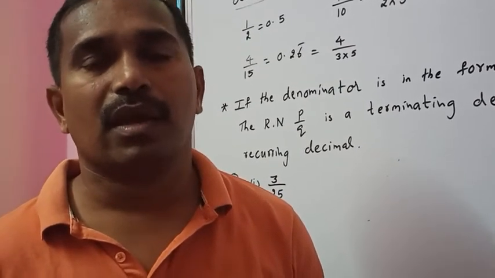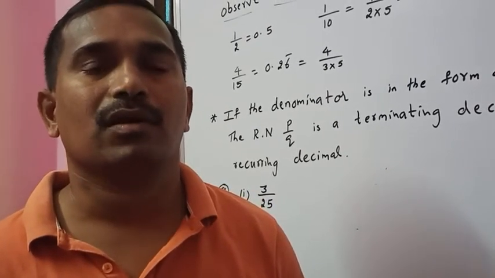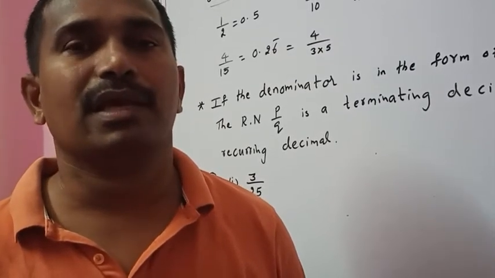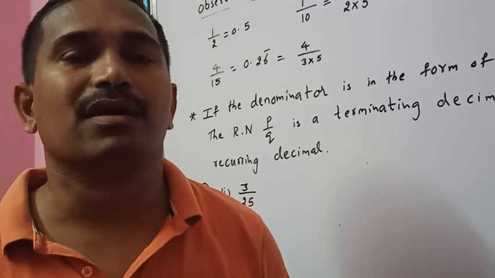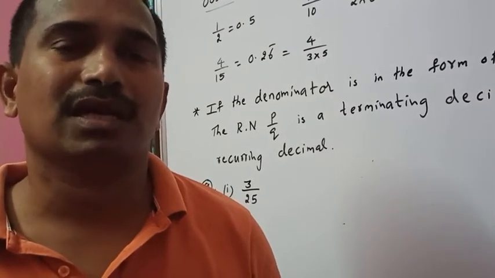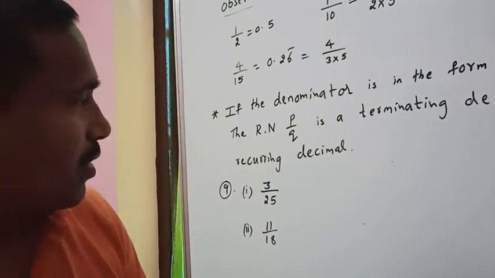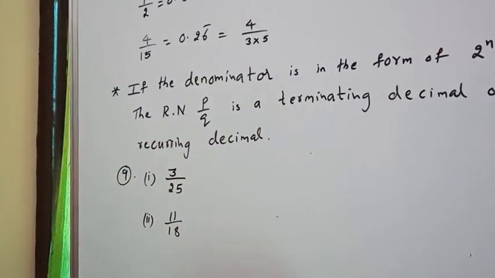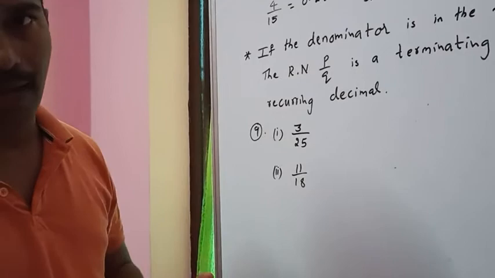If the denominator contains the factors only 2 and 5, or 2 or 5, then that is a terminating decimal. If the denominator contains factors other than 2 and 5, that is a non-terminating decimal. Okay, are you getting? So that is the rule you have to remember to decide whether the rational number is terminating or non-terminating.